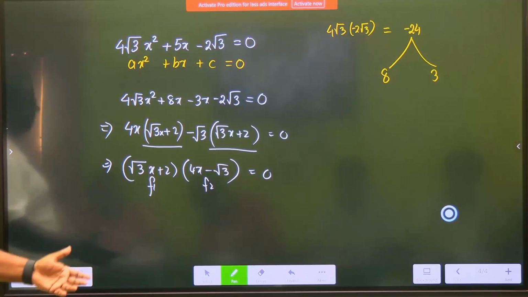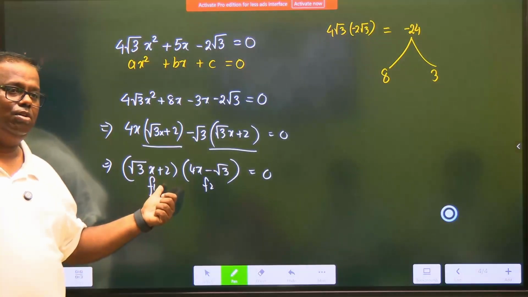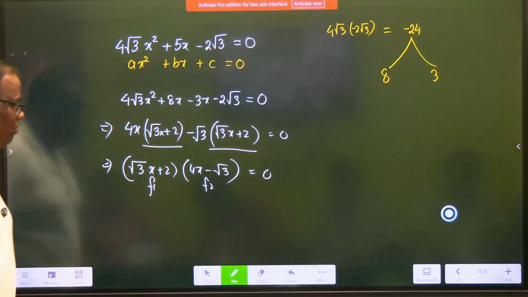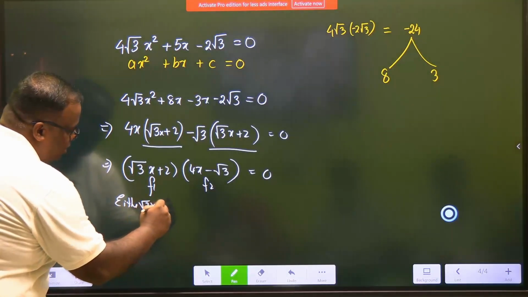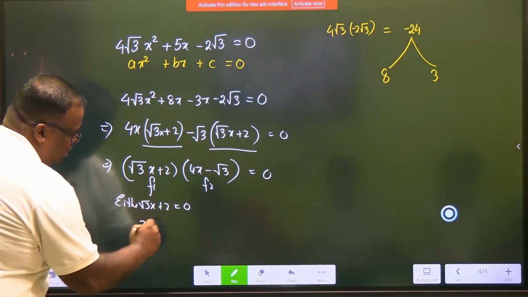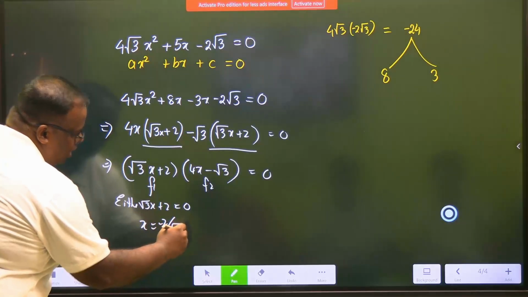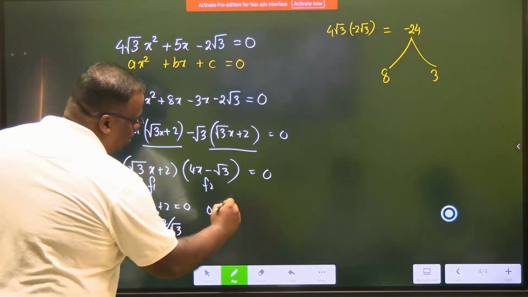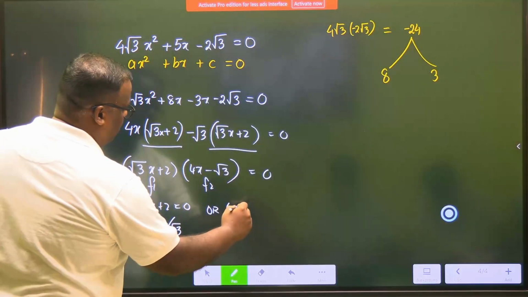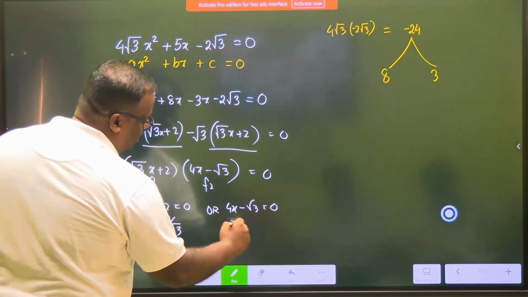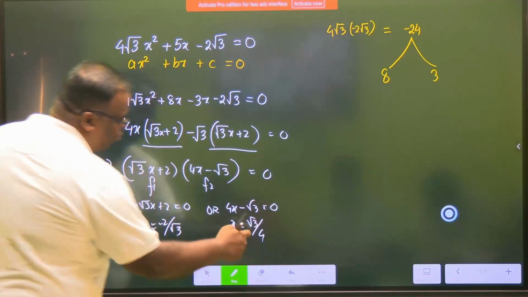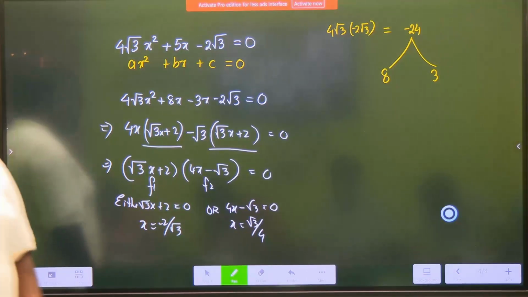Multiplying two factors giving you 0 means either f1 is 0 or f2 is 0. So we say either root 3x plus 2 equal to 0. In this case, x will be equal to negative 2 by root 3, or 4x minus root 3 is equal to 0. In this case, x is equal to root 3 by 4. Quadratic equation, two different roots.